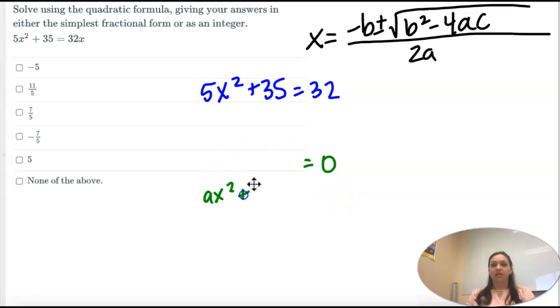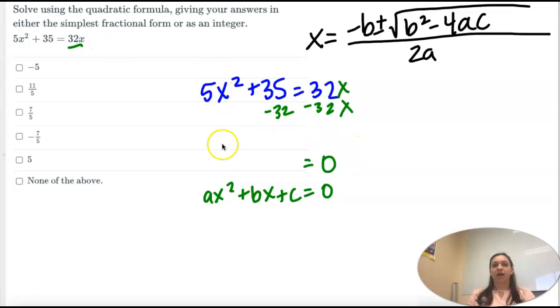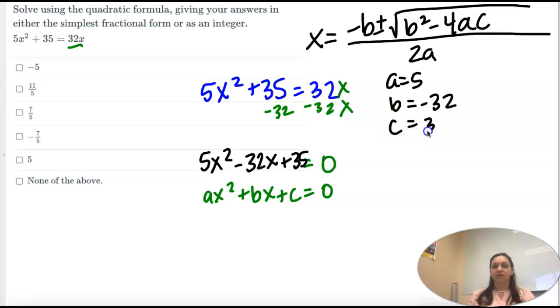When we have standard form, plus C, it equals 0. Okay, so let's minus the 32x on both sides, and then I'm going to rewrite it in descending order. So x squared, x, and the constant. So A is 5, B is negative 32, and C is 35.